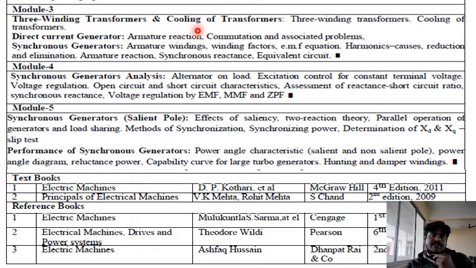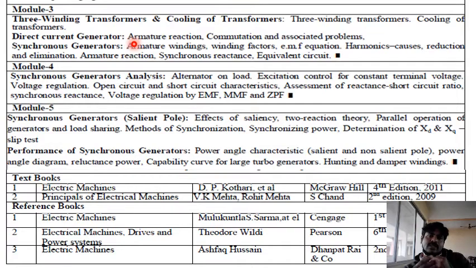In the three winding transformers and cooling part, you are going to study three winding transformers and cooling of transformers, that is what methods are employed to cool the transformers. Then the next part is the DC generator.